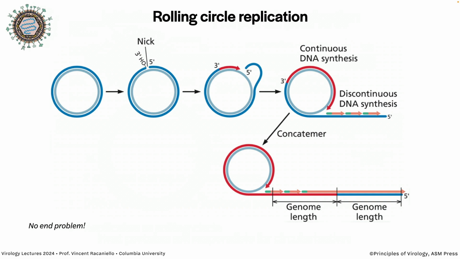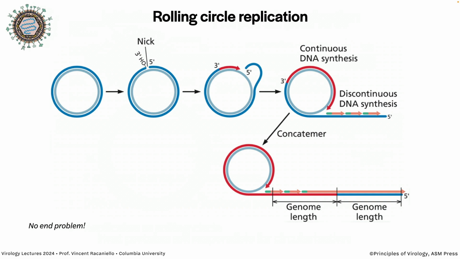Now the top strand that has been displaced is shown in this figure as coming off to the right. And you can imagine this circle rolling as the DNA synthesis occurs and more of that original strand comes out. That part is called continuous DNA synthesis because the polymerase starts at the 3' end and just keeps going. It never has to stop.